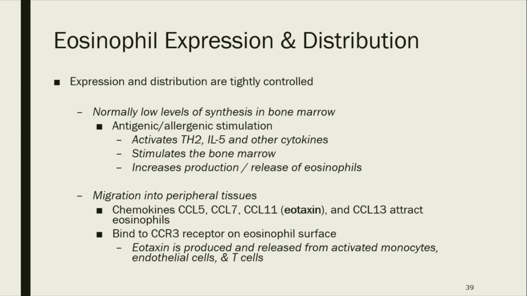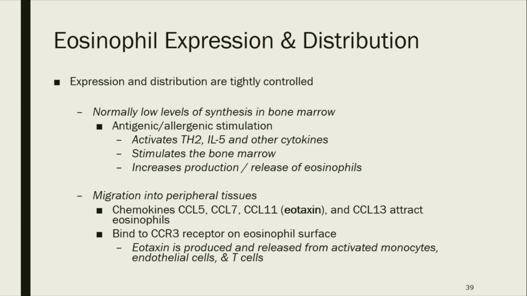Since eosinophils are kind of detrimental in a way, there should be ways to keep track of them. In the normal situation, there is a very low level of eosinophil synthesis in the bone marrow, but upon antigenic or allergenic stimulation, the fluid activates the Th2 helper cell, IL-5, and other cytokines.